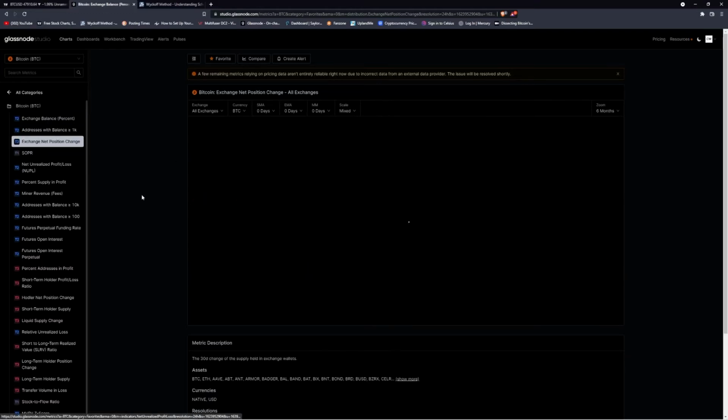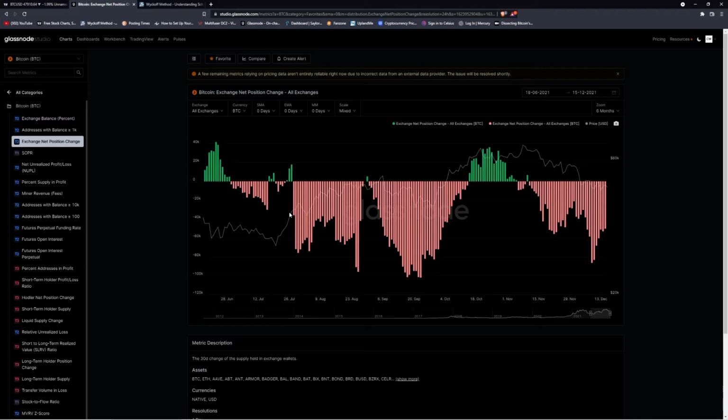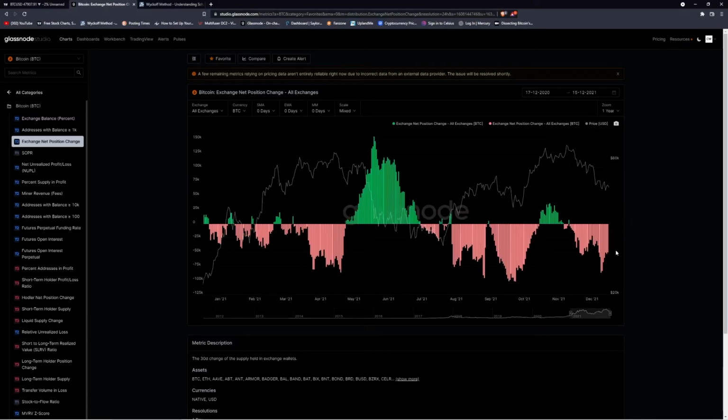And a better way to visualize that is our exchange net position change. Okay, if we bump out, let's say a year, we continue and even an increasing rate at which they are coming off. And so all of these, we've said it time and time again, guys, all of these are going to add to the supply squeeze. Okay, that's going to push us up and continue to push us up in this bull run.